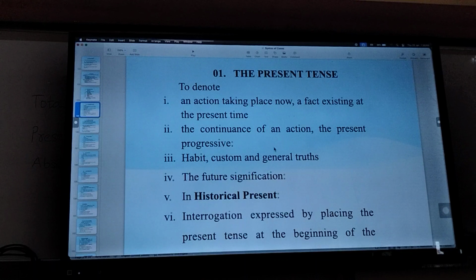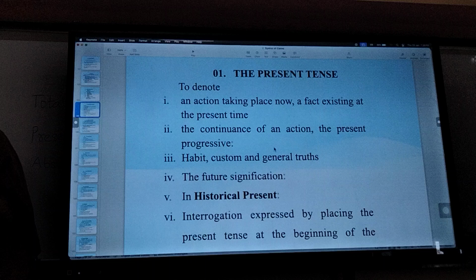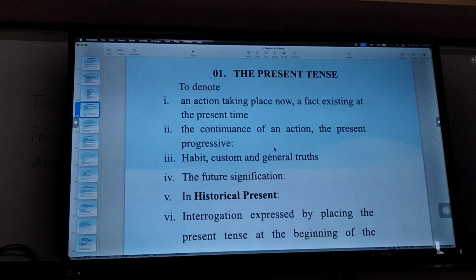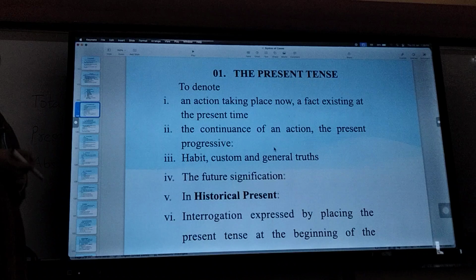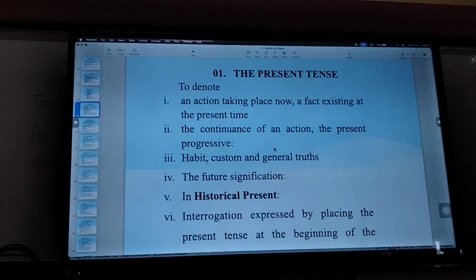Similarly, in narrative expression, when we tell a story, the listener also understands that we are talking about the story. At that time, instead of using the past tense, directly using the present tense hits the heart of the listeners.